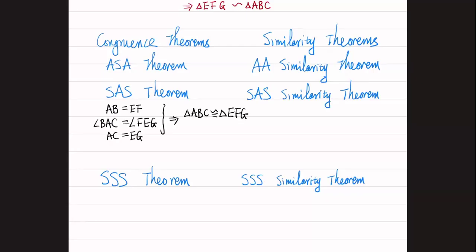The SAS similarity theorem: we have two pairs of angles and the sides, AB over EF. They don't have to be the same, but the ratio.